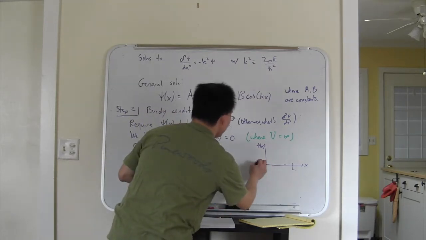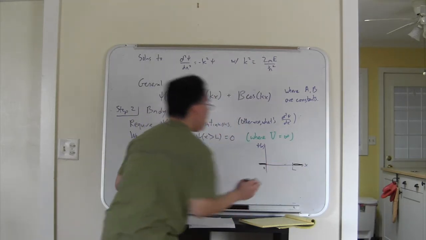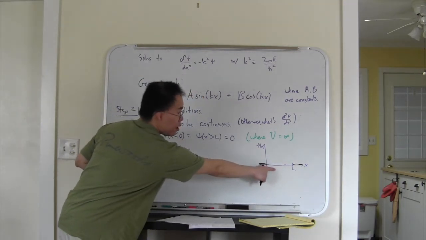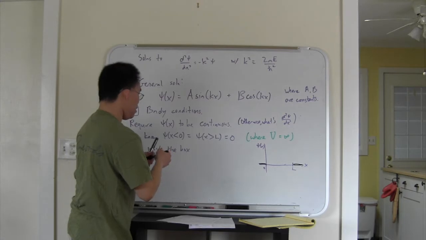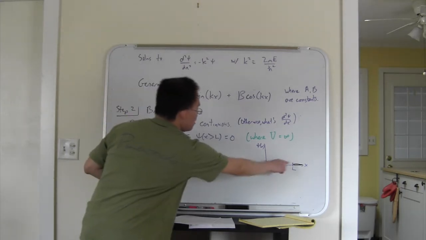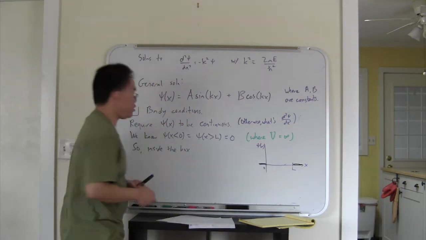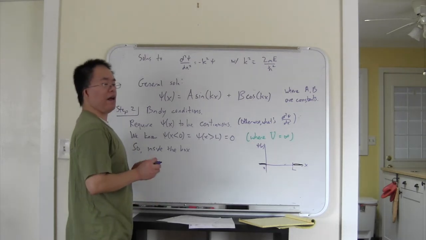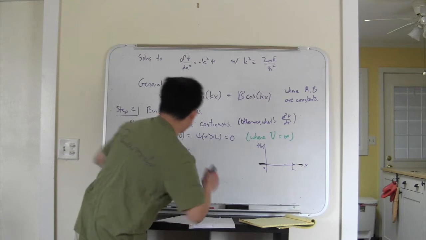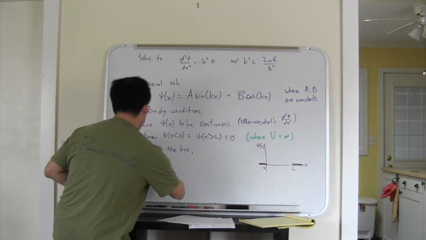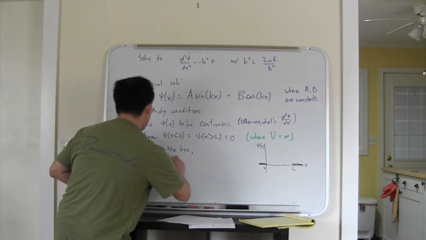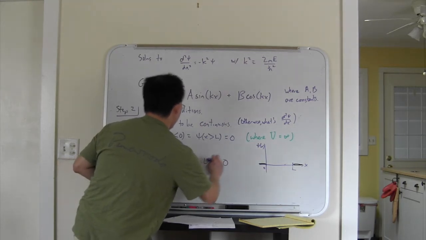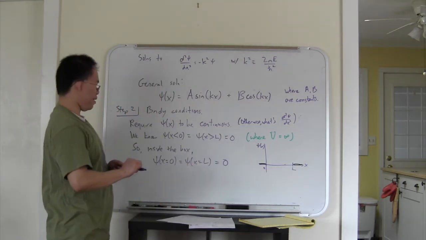Visually we know it's 0 out there. So when we're trying to figure out what's going on inside the box, the solution inside the box has to glue together onto the ends. So inside the box, psi of x equals 0 equals psi of x equals L has to be 0.